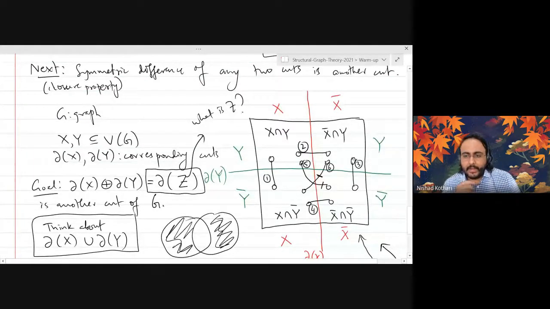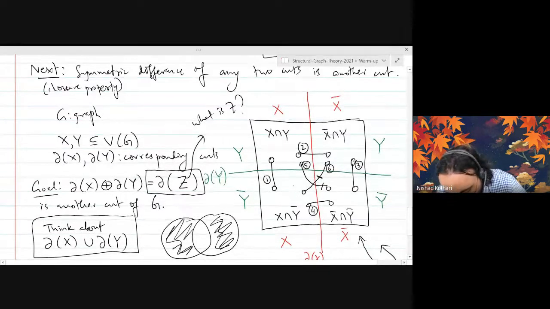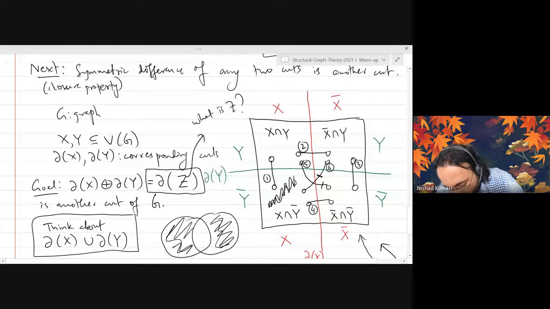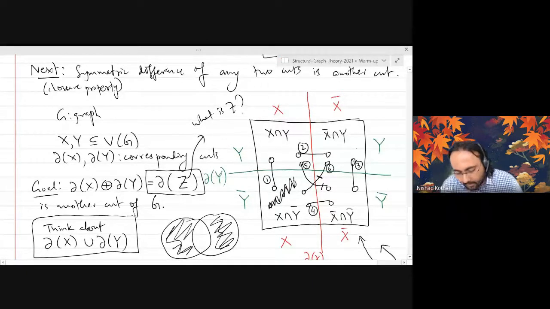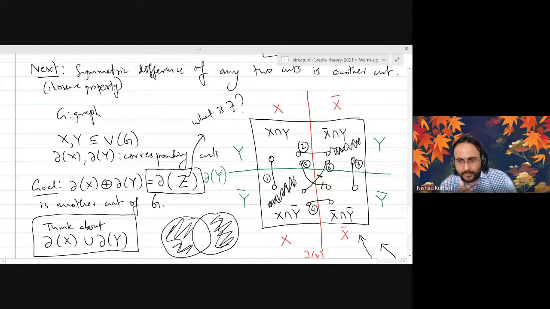Observe that these 4 types of edges have one end in x intersection y bar union x bar intersection y. So the one end is in this bottom left or the top right corner, and the other end is in the top left or the bottom right corner.